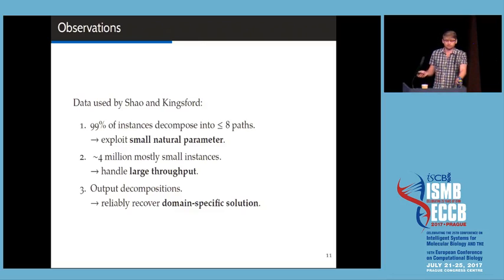And because there are around 4 million mostly small instances, we have to handle large throughput. So we want to be really fast in practice, not only in theory. And we want to output decompositions. We don't want to just check which is the optimal value of k. We want to get the solution out of there so we can reconstruct the sequences.